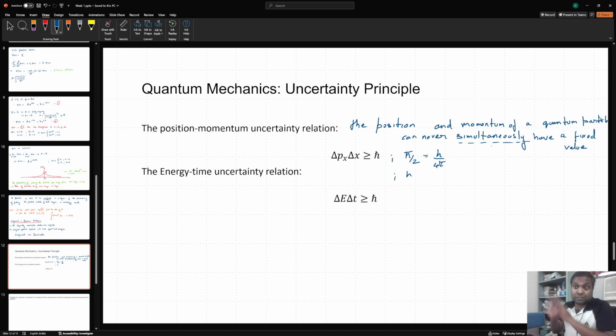In fact, a stronger statement here, if you followed my previous description, is that neither one of these quantities can ever be zero, with the risk of the other diverging to infinity.